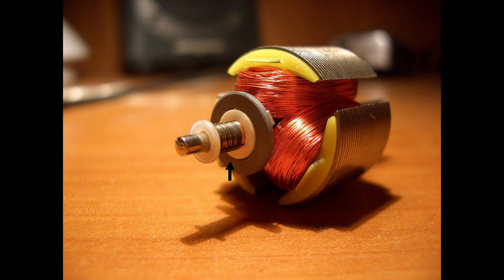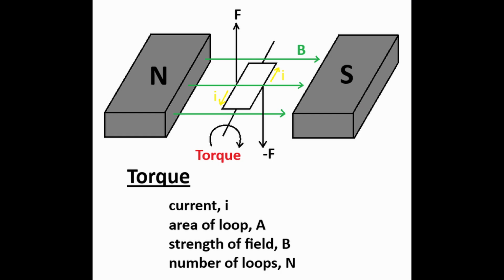Typically, a motor would not have one loop, but many loops in the form of a coil to improve the torque. The torque of the motor is proportional to the current in the wire, the area enclosed by the coil, the strength of the magnetic field, and the number of loops in the coil.